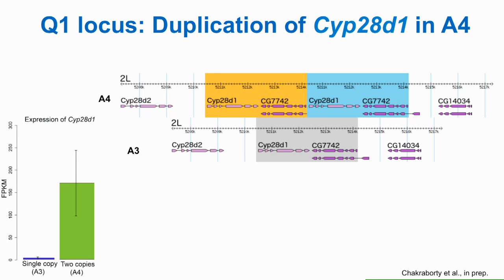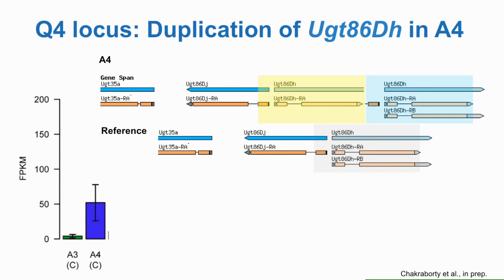But, well, again, in Q4 there is another duplication, in this case of a Ugt86D gene, which is also involved in the detoxification pathway. And this is present in 3R.